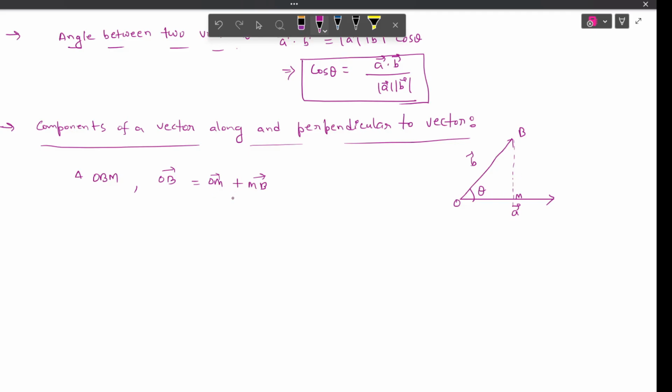We have applied here the triangular law of addition. So OB vector is your B vector, and it is OM vector plus MB vector.